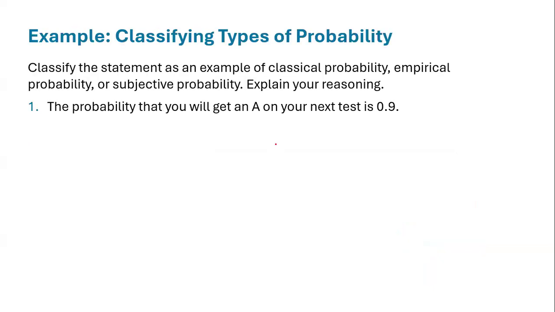Let's look at this example. It says classify these statements and tell which one is a classical probability, which one is empirical, and which one is subjective probability. First, the probability that you get an A on your next test is 0.9. So getting an A on the next test is just an estimate, because we don't know what will happen.